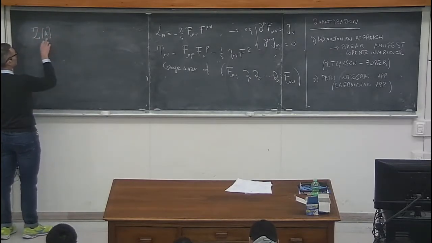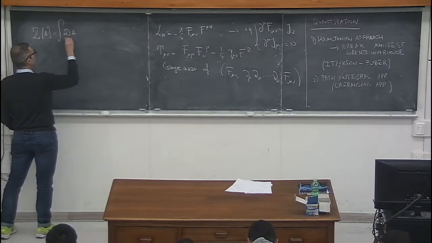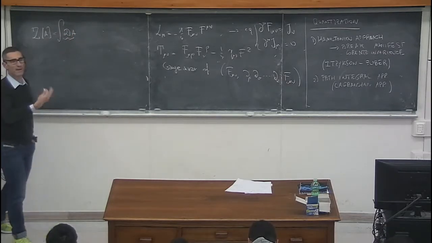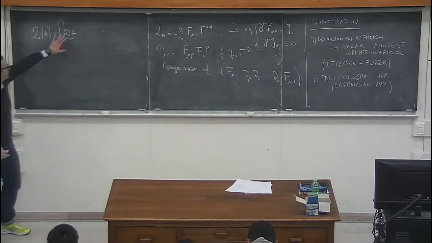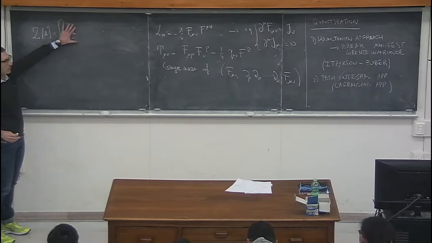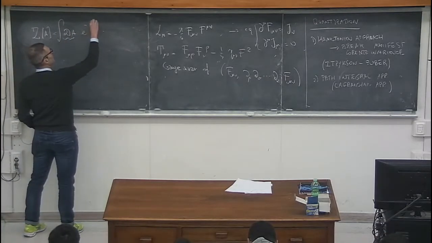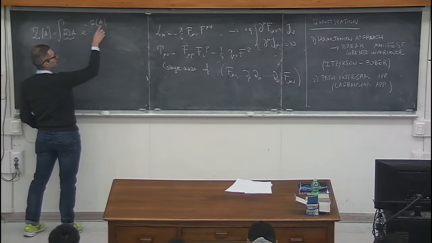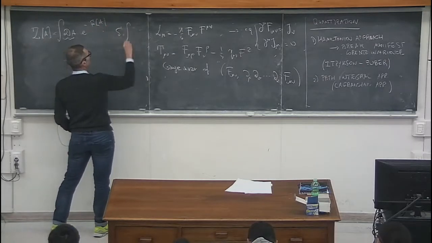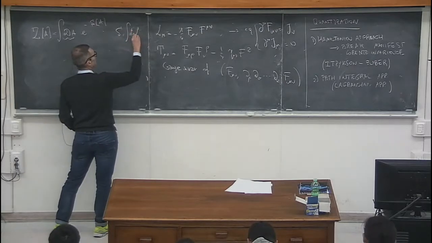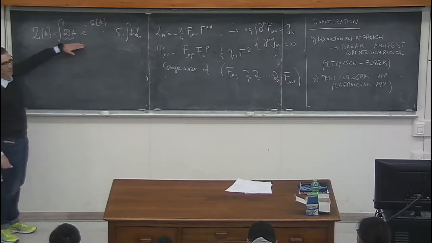The path integral for the gauge fields is just an integral over some measure. You need to define what is the measure on this configuration space, which is of course a big space. But then the way is to write down this action. The action is a function of the fields, and it is just the four-dimensional integral of the Lagrangian, the Maxwell Lagrangian. So you define the path integral in this way.